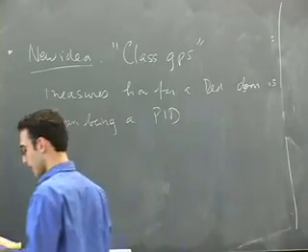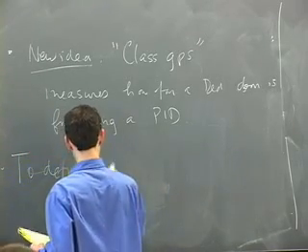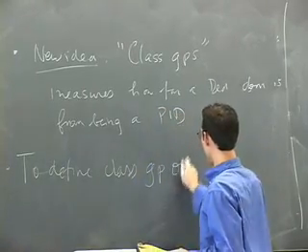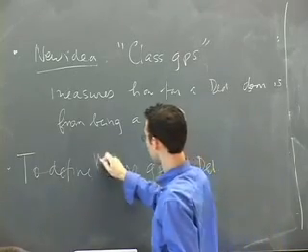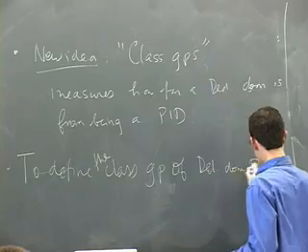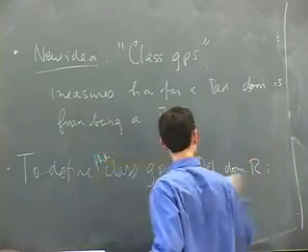Great. Okay. So to define the class group of the Dedekind domain R, we define an equivalence relation.